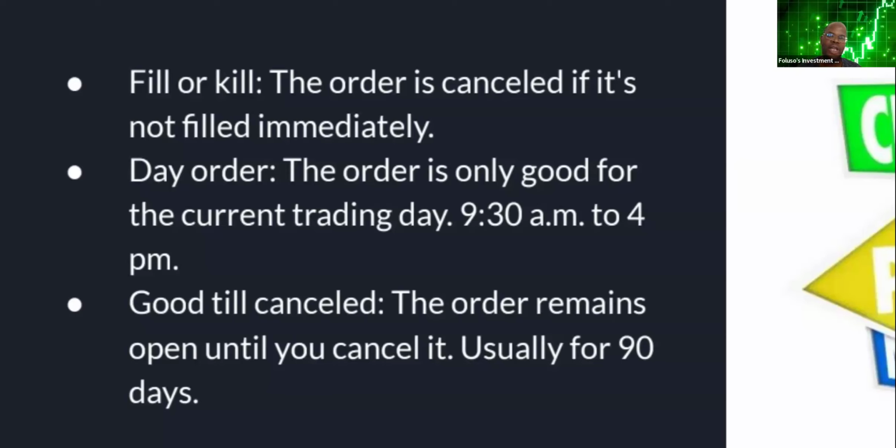Whenever the price moves to your order, say you saw a stock that is $40 and you are ready to pay 39, you're telling them whenever that stock goes down to 39, buy. So you could make it a day order, for that day only, or you can make it good till canceled, which is usually 90 days.